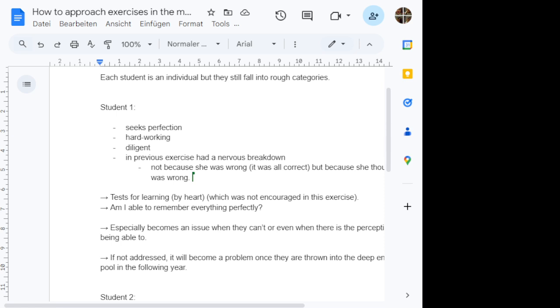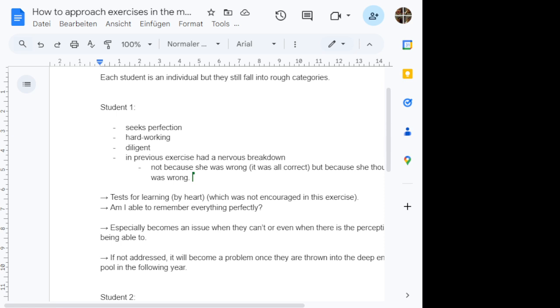The anxieties that arise, the stress that arises, the panic mode that sets in as soon as she feels overwhelmed, as soon as she feels, again, that's her perception. It doesn't even need to be the reality, as I explained in the first example, in the first exercise that she did.